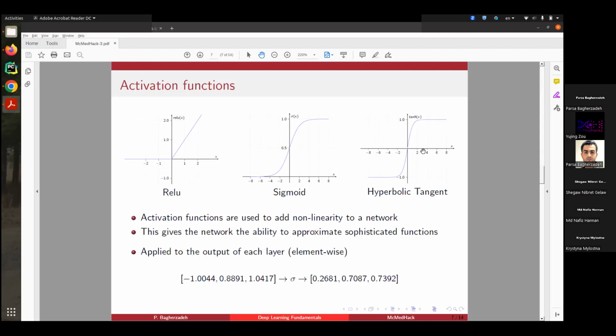Any value that you give to this function, it squashes into the interval -1 to 1. It doesn't matter if you give minus 1000 or plus 50, it always ends up in this interval. Then we have sigmoid. It maps the values between 0 and 1. And we have the ReLU activation function.